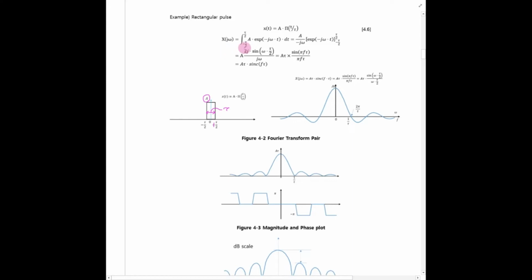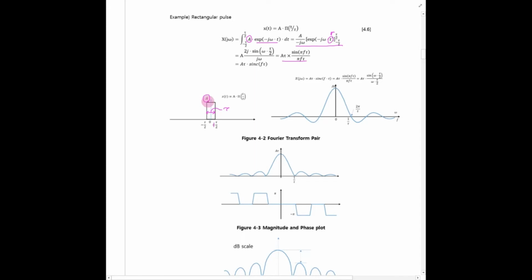Then taking the Fourier transform, you know that xt is non-zero only in this time period, and in this period xt is a, so this is the a, and this one is a complex exponential, taking integration over t. Okay, then it will give these expressions. Replace t with the integral range tau over 2 and minus tau over 2, then it will give this one.